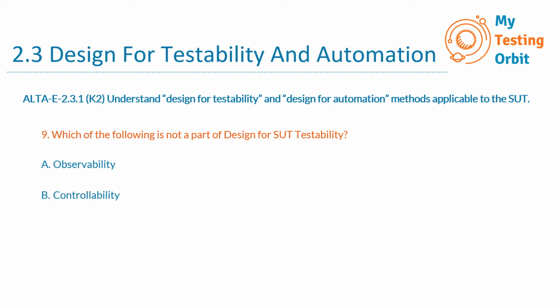Observability, controllability, reliability, defined architecture. We have studied that the 3 important parts for design for SUT testability are observability, controllability, and defined architecture. So C will be the incorrect option.